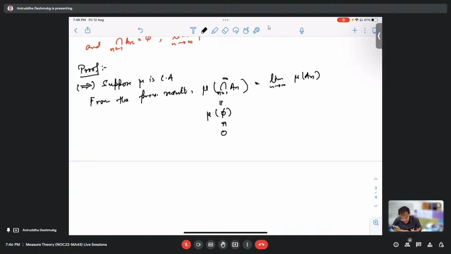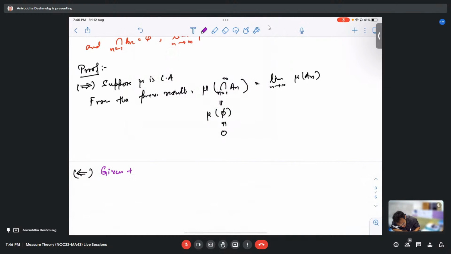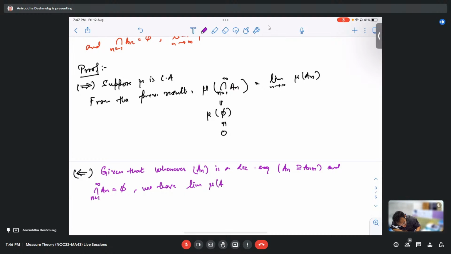Yes, sir. Okay, what about the other way around? So the other way around means it is given to us that whenever An is a decreasing sequence, that means An contains An plus 1 and the intersection of An is empty, we have the limit of mu An is 0.